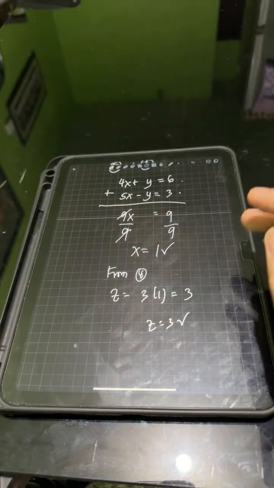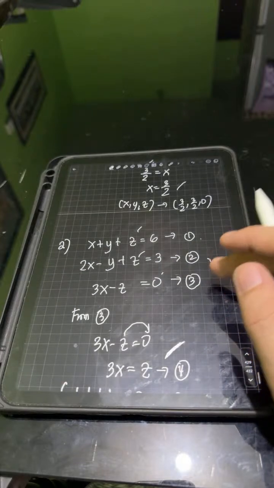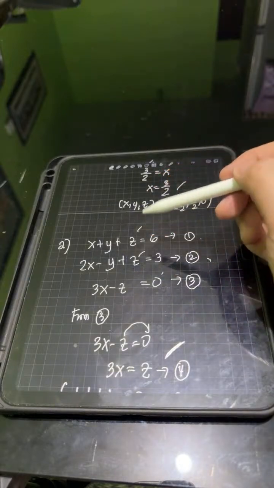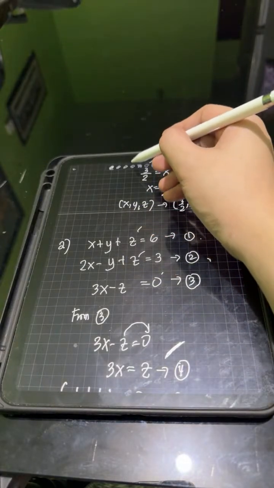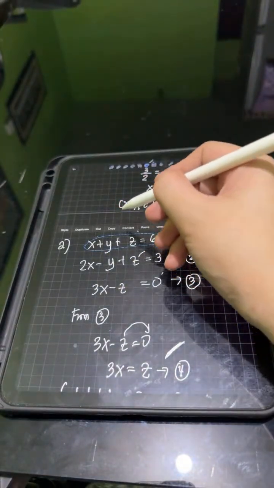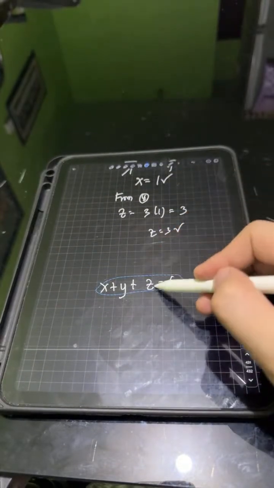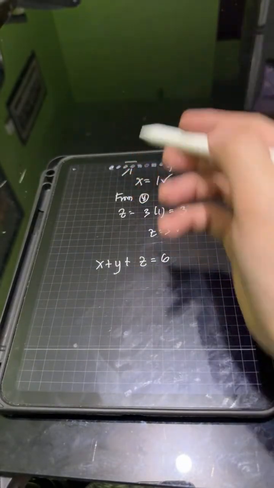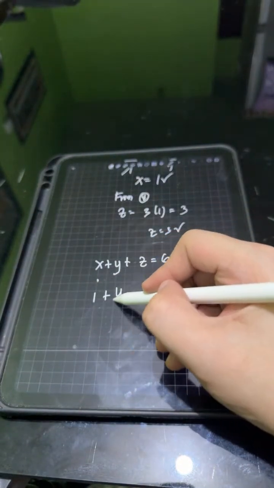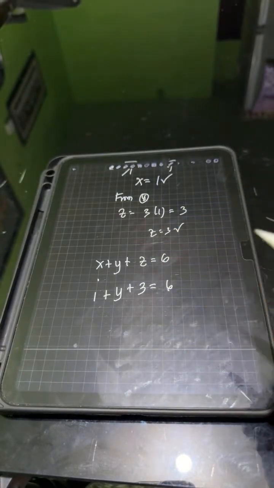And finally, to solve for y, we can use equation 1, substituting the values of x and z that we got. Let me copy equation 1. Substitute the value of x, which is 1, plus y, unknown, plus z, which is 3, equal to 6.